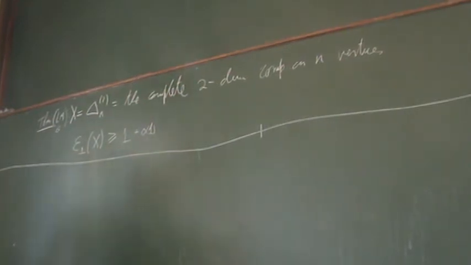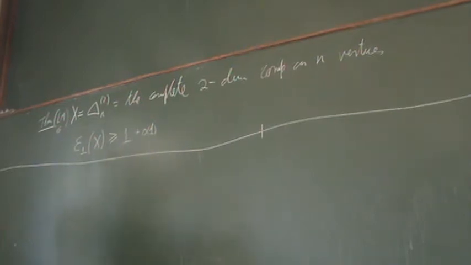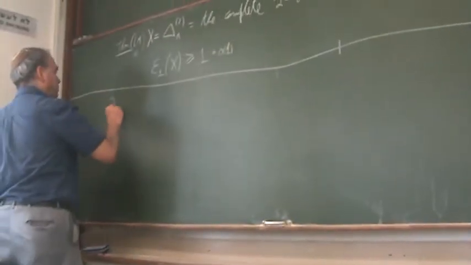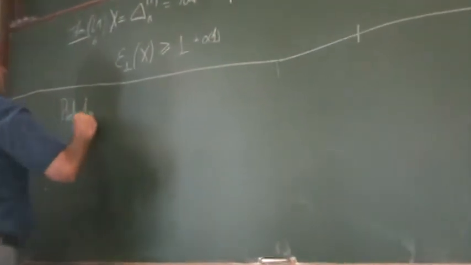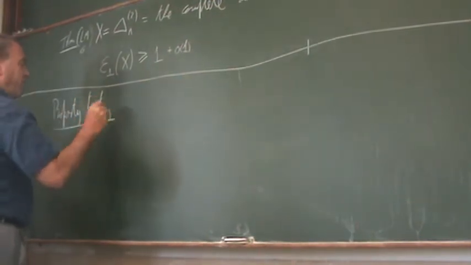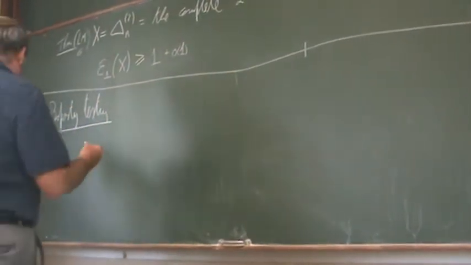Okay, so now I want today to relate this to a completely different area, something which is called in computer science property testing. Now, what is property testing? Property testing is the following topic.